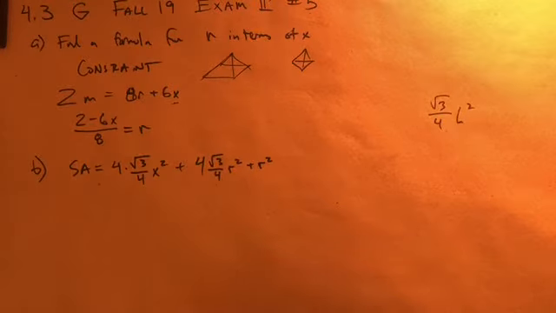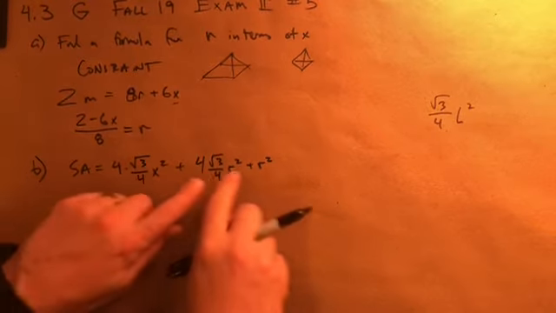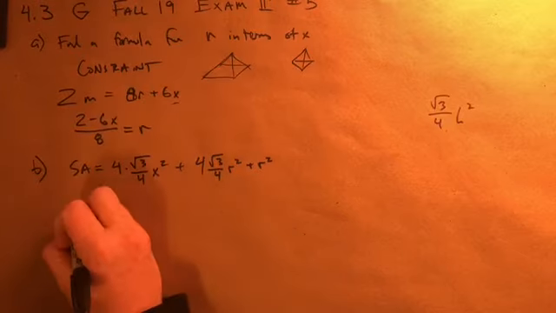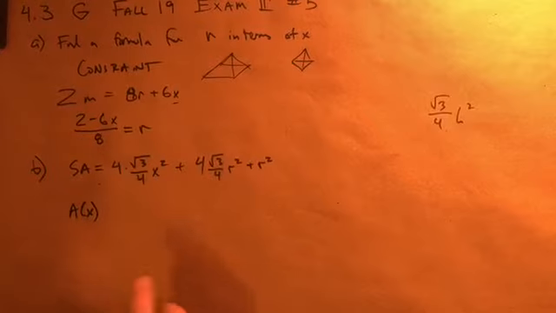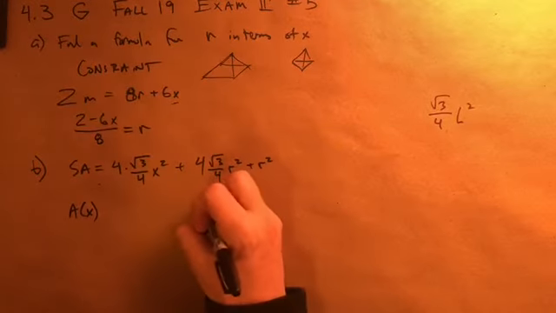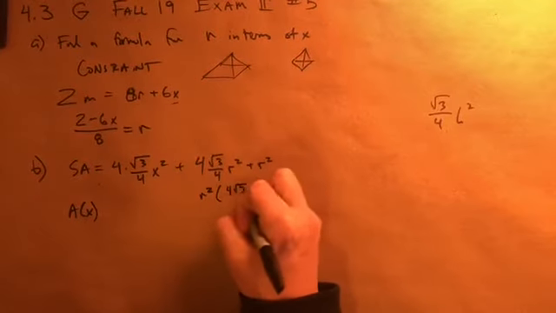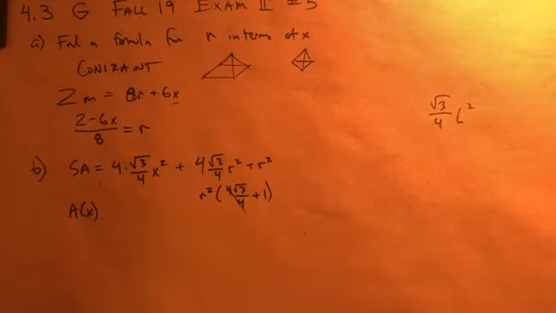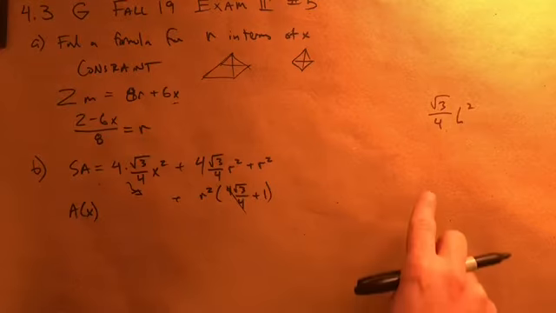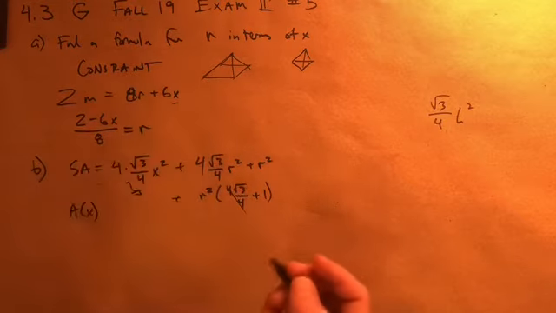Unfortunately, right now we have a problem because I have x's and r's, but we want the surface area only in terms of x. So I might do a little bit of housework here. That's going to be r squared times 4 root 3/4 plus 1, plus this term right there. That way I only have to substitute for r one time.